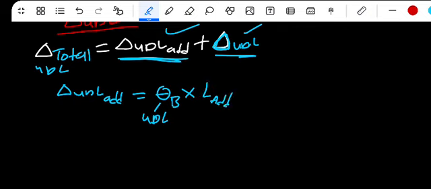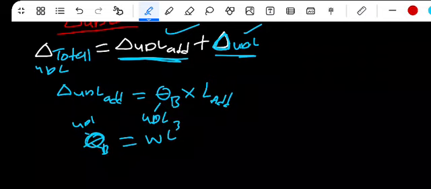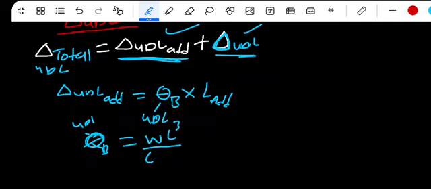Let us find the slope. The slope at B due to UDL will be W multiplied by L cubed divided by 6EI.